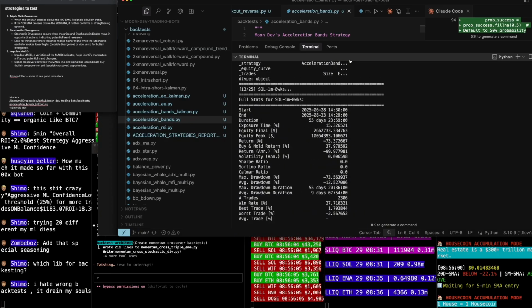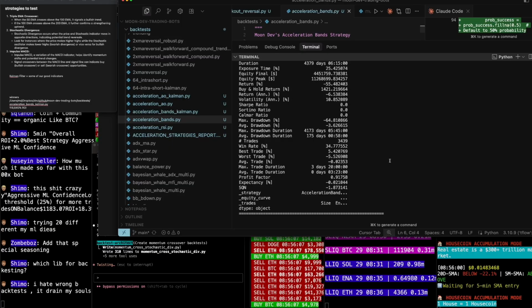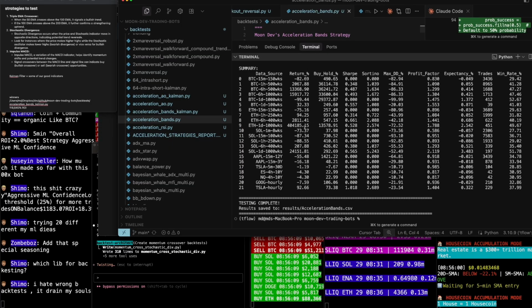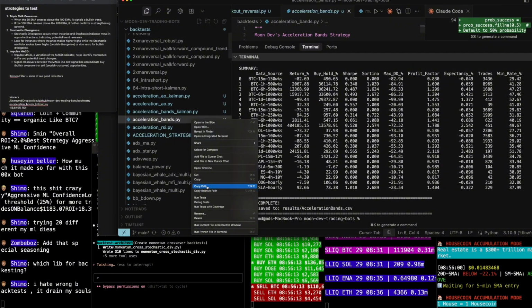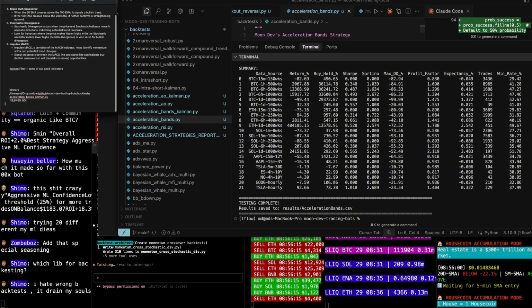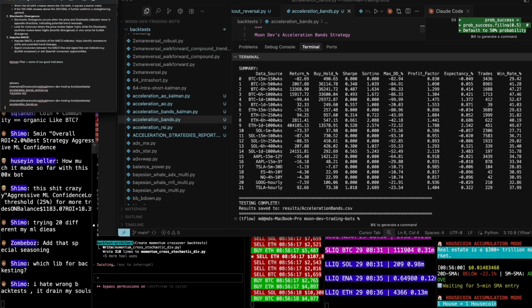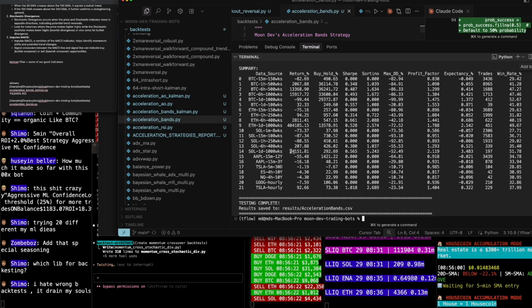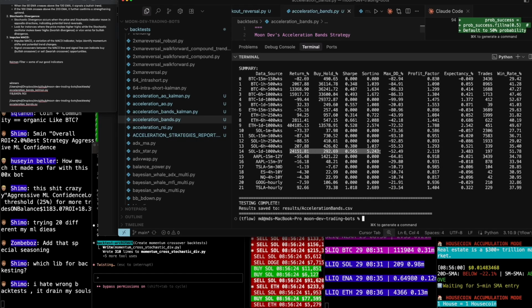.87. 2.5 expectancy, okay. 3.4 expectancy. There's some heaters up in here. So here's another winner. Acceleration bands, copy path. SOL, 24,000% return.